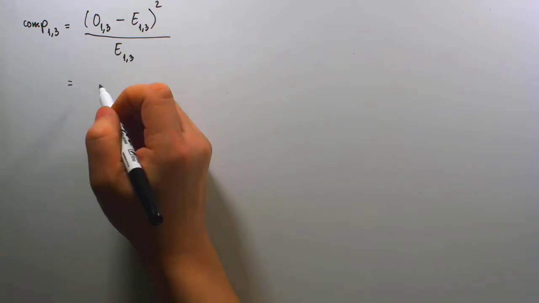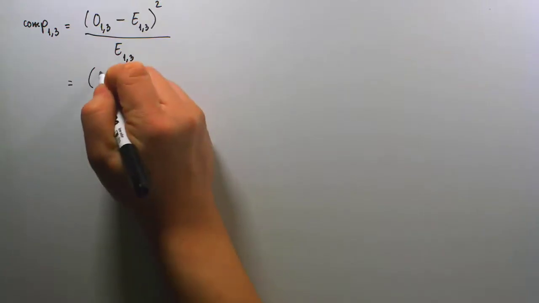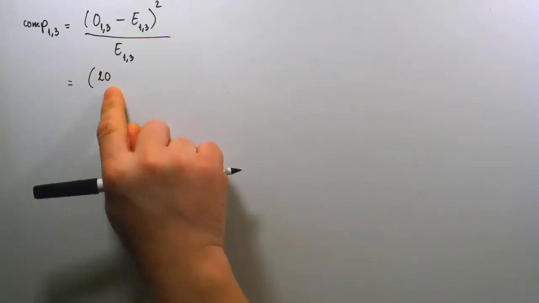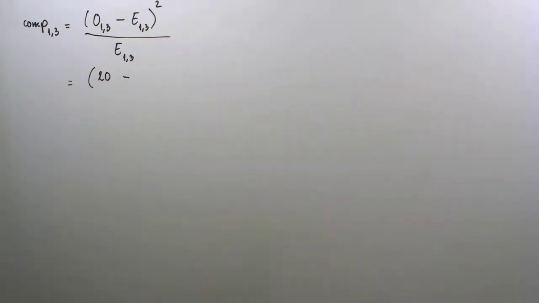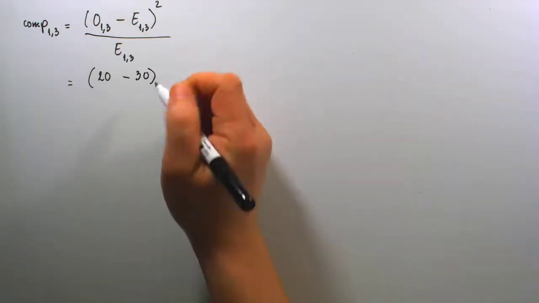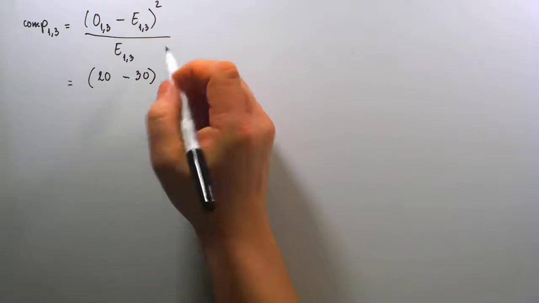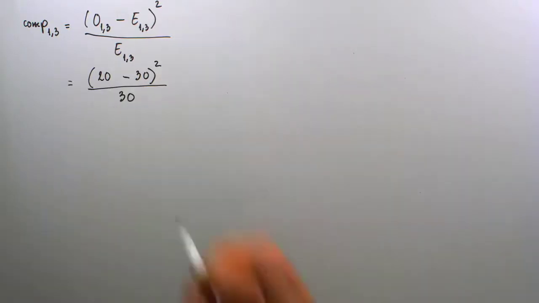And that now brings me to 20 for the observed count. In row 1, column 3, I am going to subtract 30 as the expected count, then square the difference and divide it by 30.